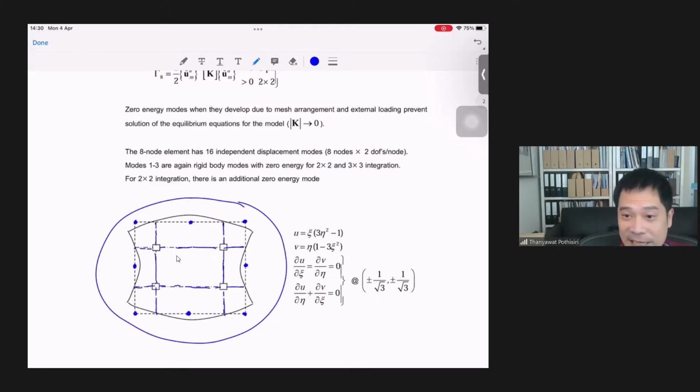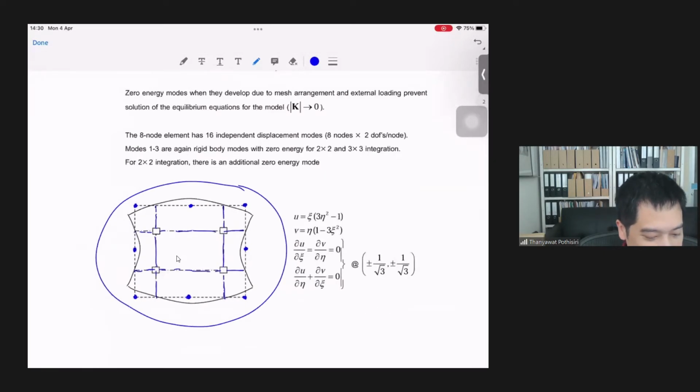So you can avoid this by choosing proper aspect ratio for your element. So the height and the width of the element, if you select it properly, then you can avoid having each element going through deformation like this. All right.